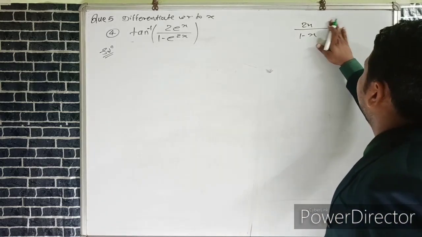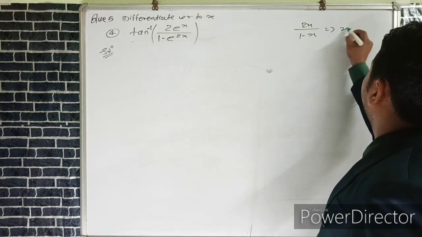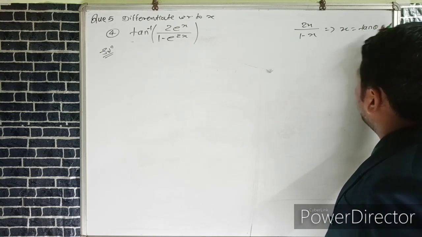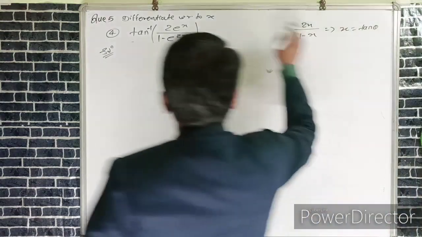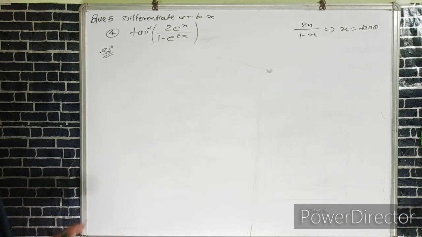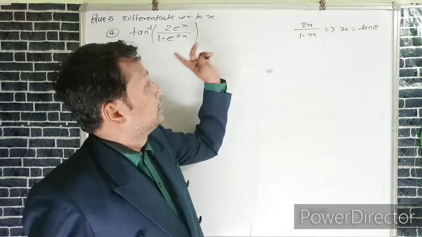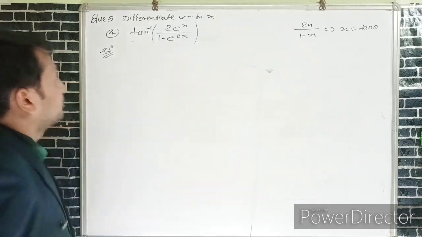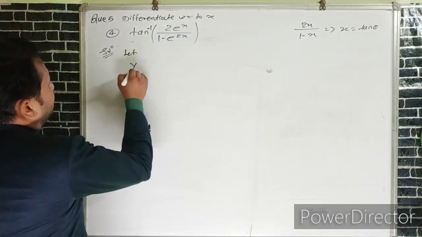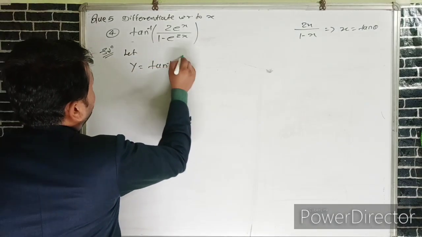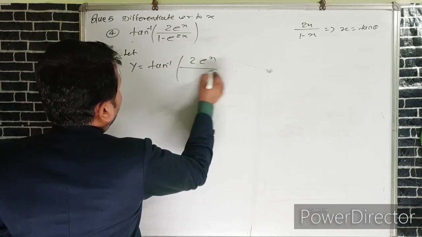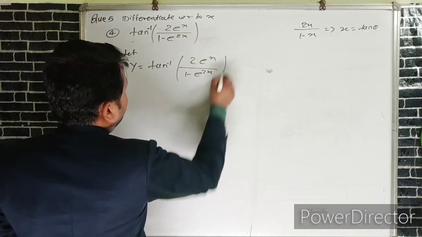If the given function is in this form, then we can write x is equal to tan theta. Here x is replaced by e to the power x, hence we substitute e to the power x is tan theta. First we consider that the given function y is equal to tan inverse of 2 e to the power x upon 1 minus e to the power 2x.